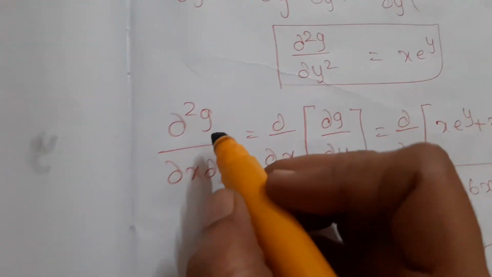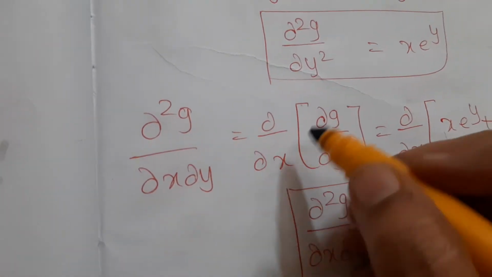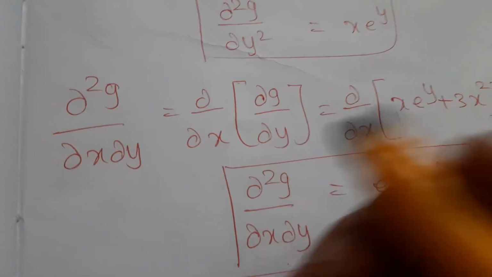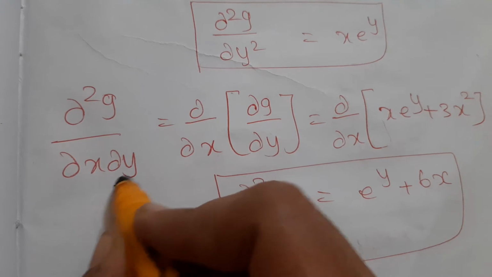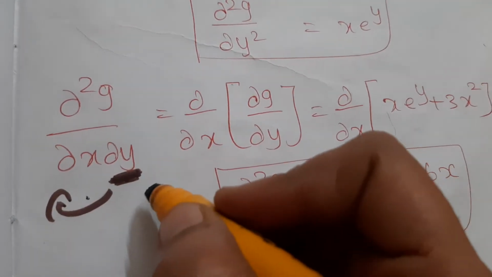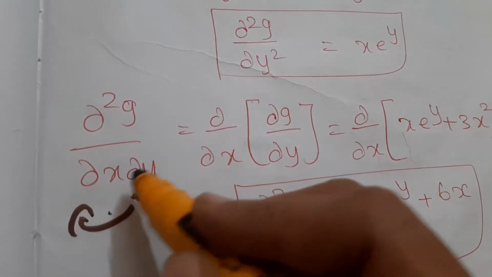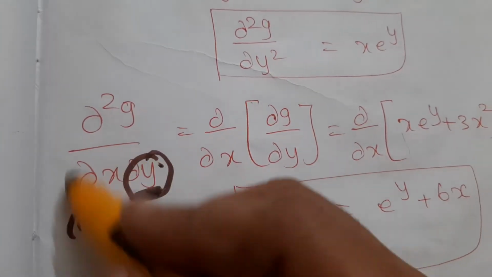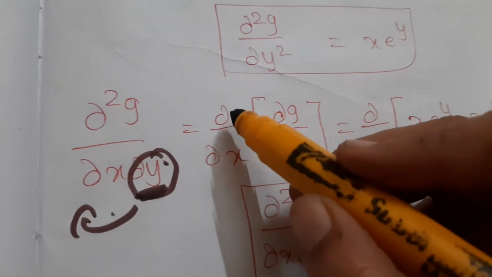Now dou square g by dou x dou y is equal to dou by dou x of dou g by dou y. So first you write the inner term, and this inner term should be differentiated with respect to the outer term.